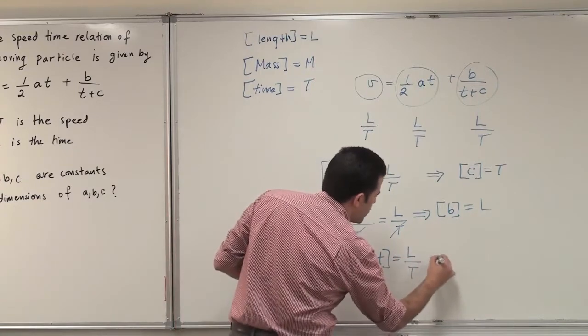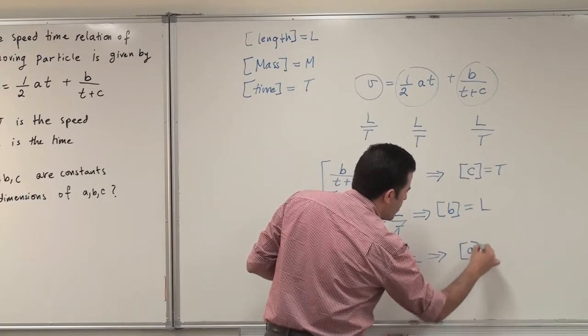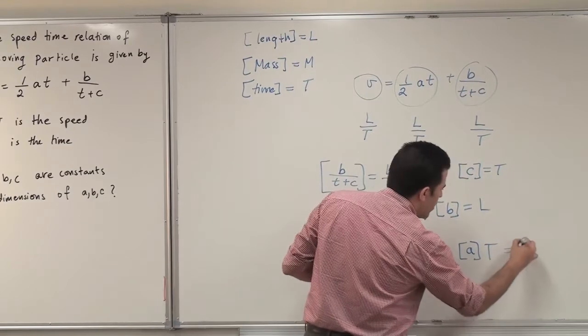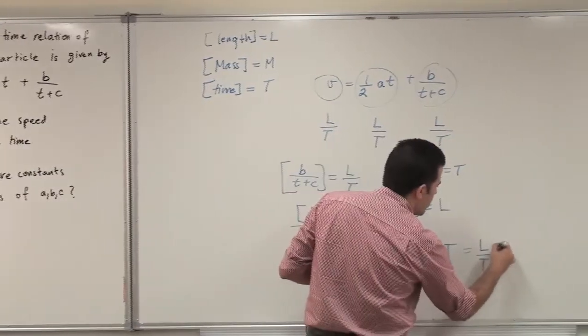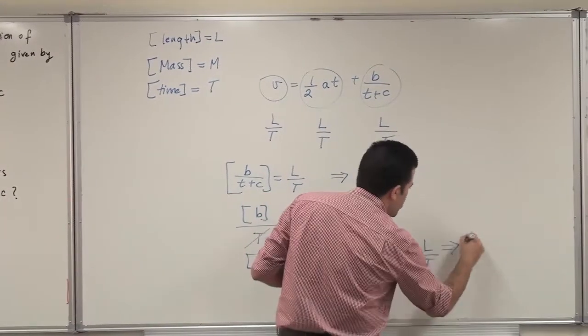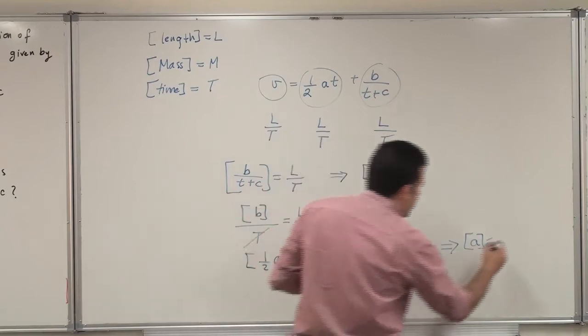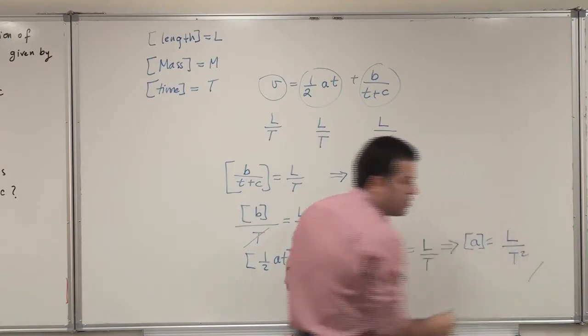So this will give that the dimensions of A by the dimensions of T, which is time, should equal length divided by time. So the dimensions of A, I just rearrange this equation, will be L divided by T squared. This is the answer.